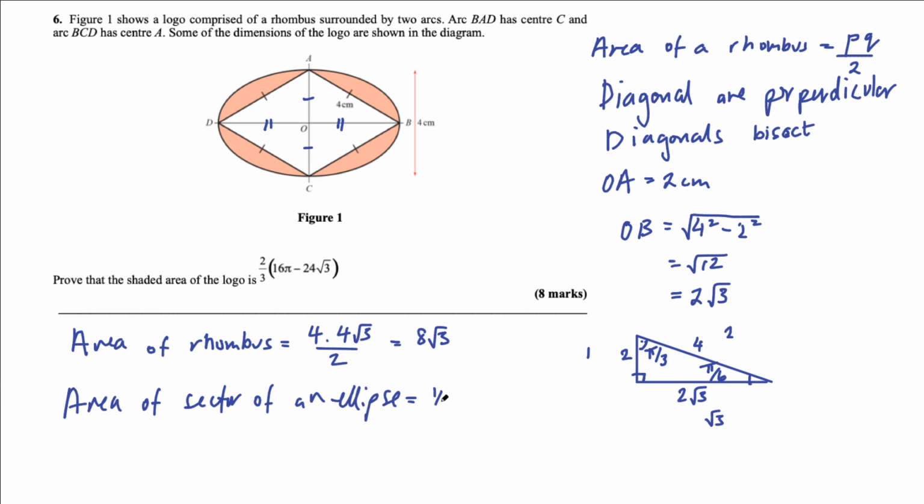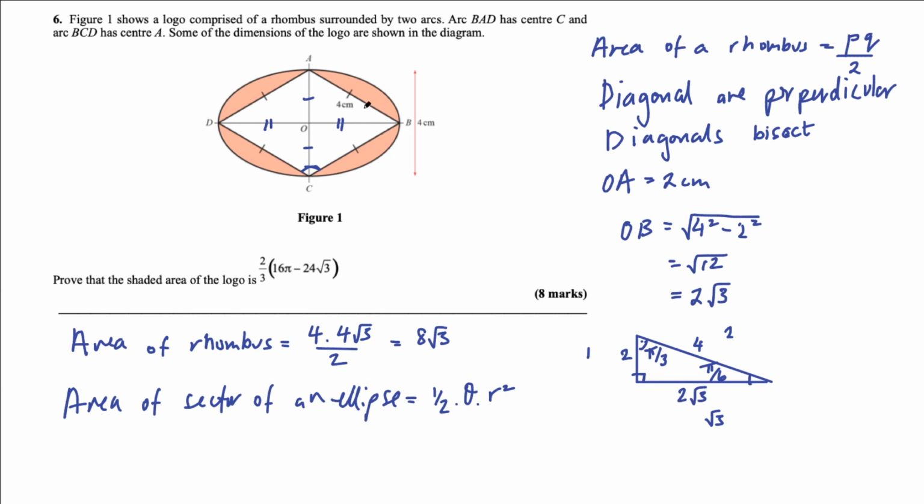It is a half multiplied by the angle of that sector, call that theta, multiplied by the two line segments. So if we called this line segment A, this line segment B, then it would be multiplied by A times B. In this case, both of the line segments have the same length, so we could just say that's the radius squared, the radius of that ellipse or that sector.